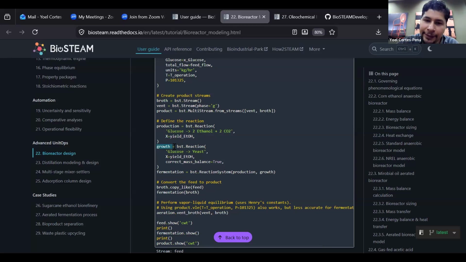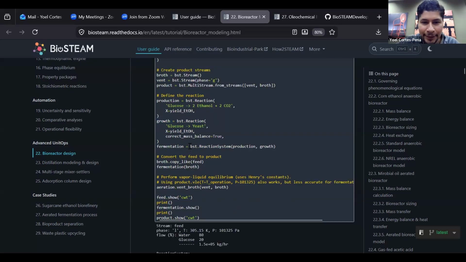This is just for preliminary analysis, right? If we were concerned with the atomic balance, we would need to include more nutrients like a nitrogen source, a phosphorus source in order to balance out the atomic weight of yeast. So here we created what's called a reaction system, which is multiple reactions in series.